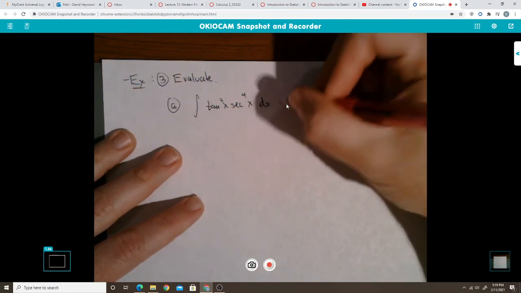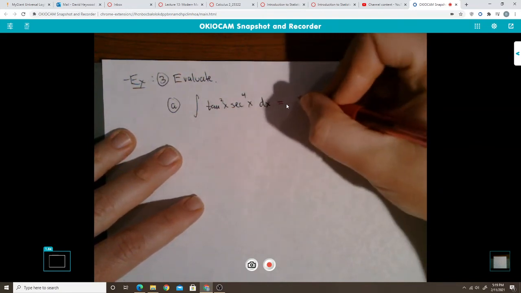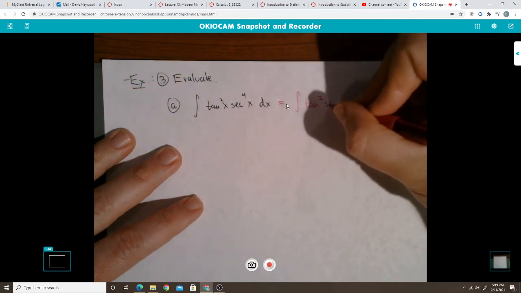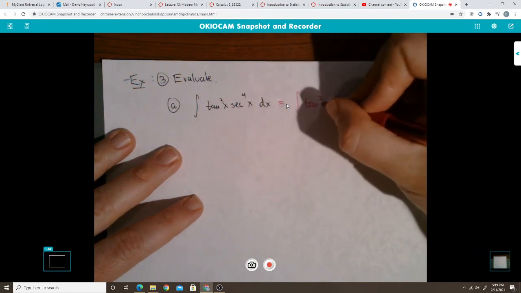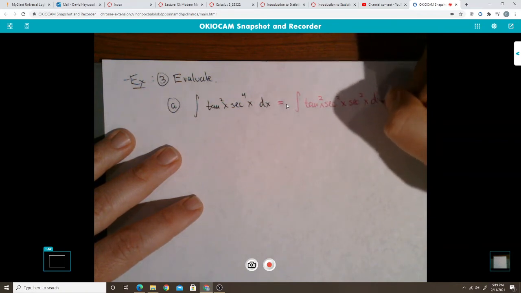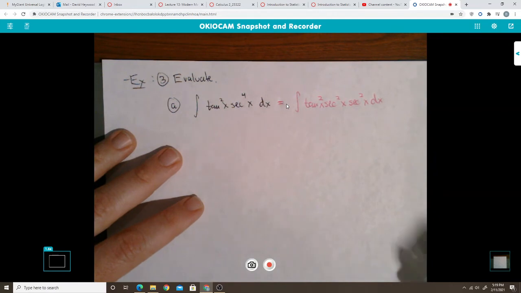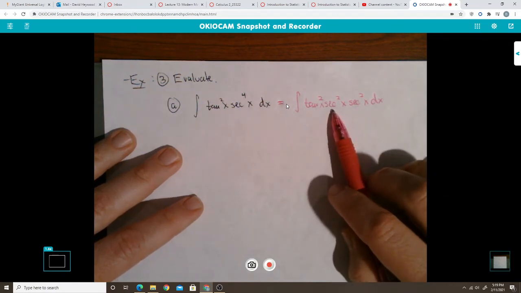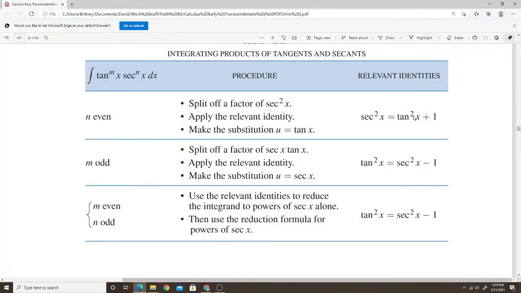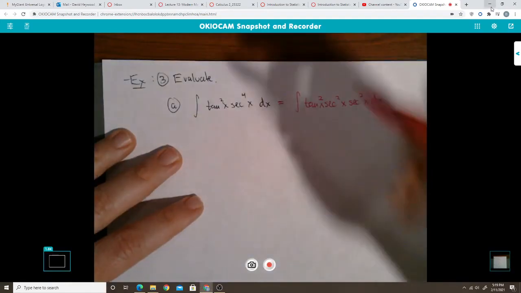So this is going to be tangent squared x, secant squared x, secant squared x. Secant squared x we can rewrite as tangent squared plus 1, right? Tangent squared plus 1.